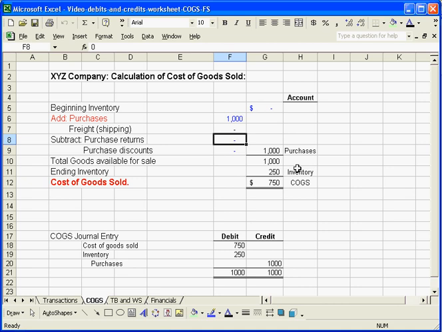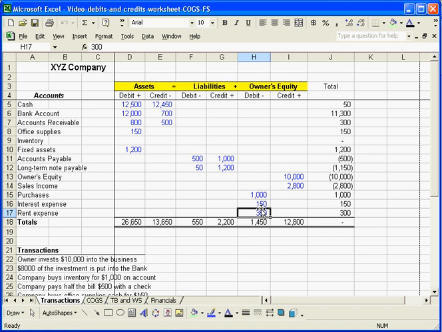If we had returned anything during the year, that would be an offset against the purchases account. And if we had purchases discounts, that would reduce the purchases amount. Because we're not including any of this in here, the total purchases comes out to be $1,000. And that's the same $1,000 that you notice that we have here, under purchases.